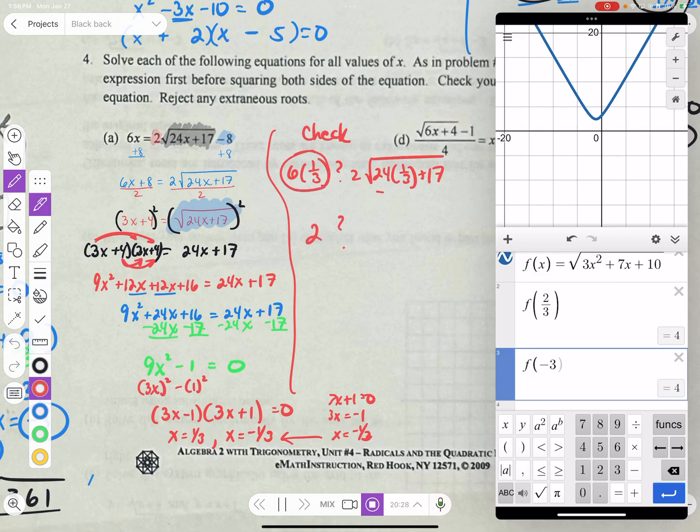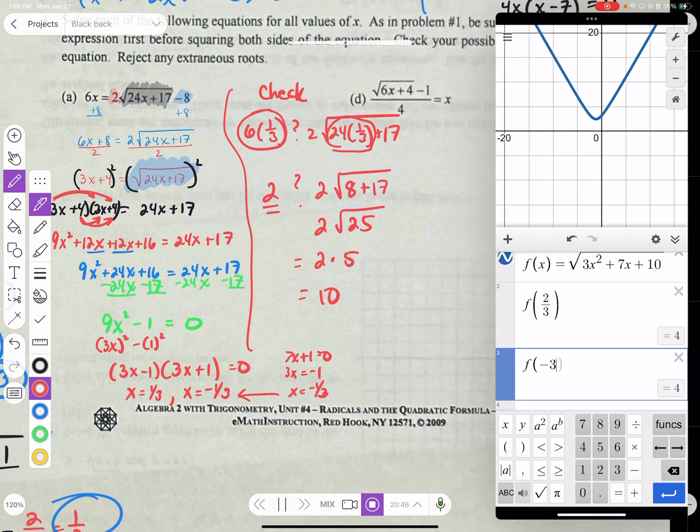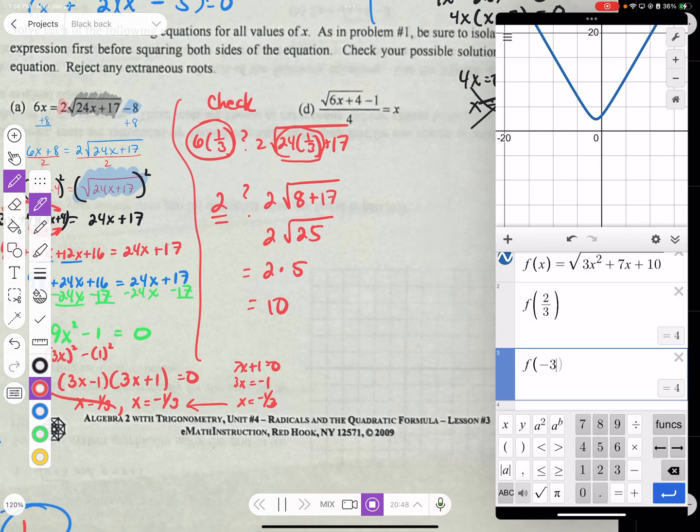On the right side here, I would multiply first inside there. Next, I would add inside the radical. Next, I would square root the radical, and I get a 10. And 10 does not equal 2 last I checked, so 1/3 should not be one of my answers.